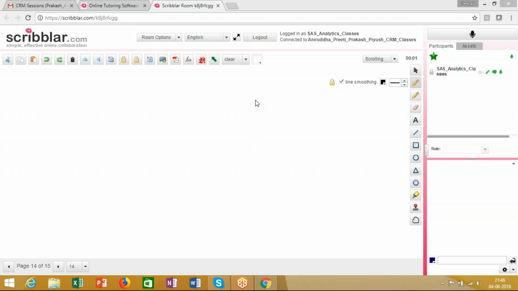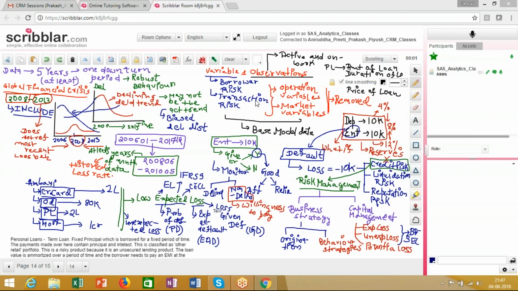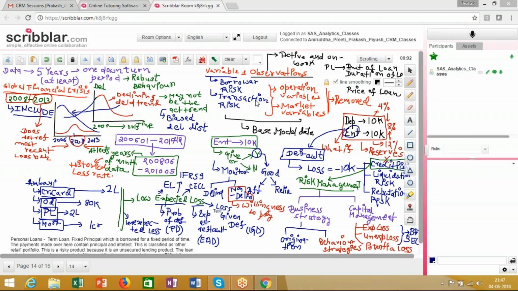The retail lending book comprises products given to the retail sector, to households. Since there are a large number of households, the number of accounts in the retail sector is very large, whereas the per unit exposure of a retail loan is very less.